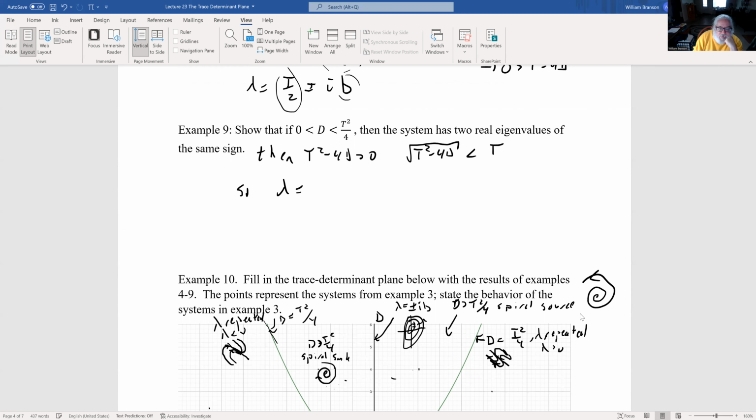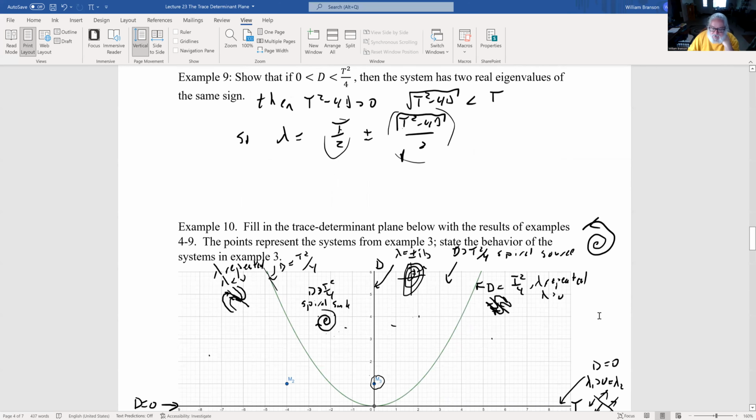So lambda equals t over 2 plus or minus the square root of t squared minus 4d over 2. Now this part here is less than this in absolute value. So if I take the two and add them together, I'll still get a positive thing. If I take the two and subtract them, since this is the smaller, I'll still get a positive thing.